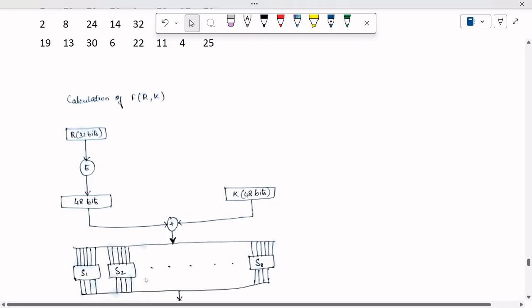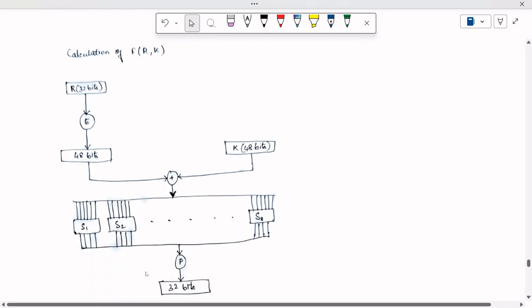For reduction, we use the substitution boxes. So how many substitution boxes are required? Here you can see there will be multiple S boxes. Each S box will take 6 bits as input and it will produce 4 bits as output.